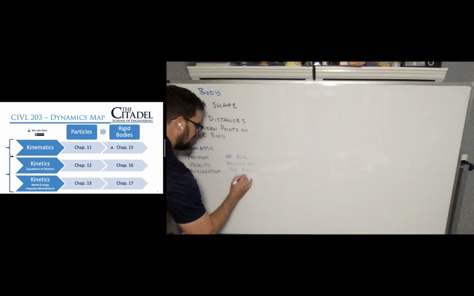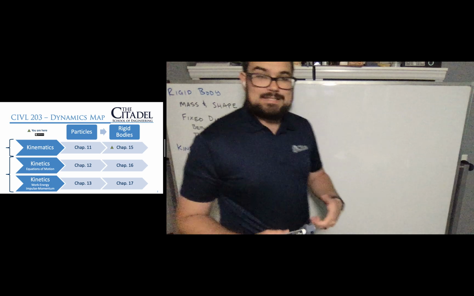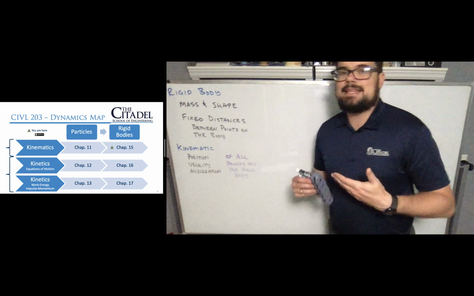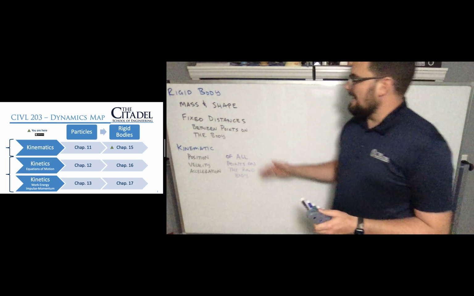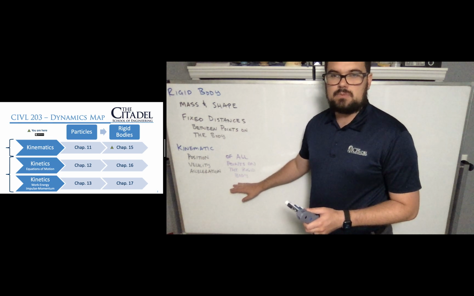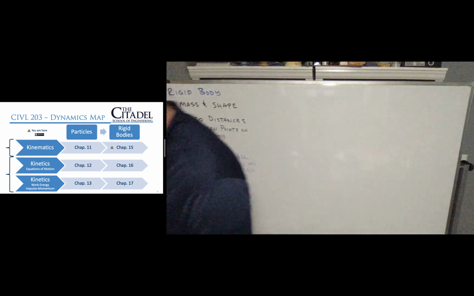So when we were doing particle kinematics, we were thinking of it as having only mass without shape, which meant that we could model it as a particle. And so fundamentally what we were doing is tracking the kinematics of the center of gravity when we modeled it as a particle. Now that we're talking about rigid body kinematics, we want to be able to keep track of all points on the rigid body, regardless of where they are. So that's an important thing for us to think about.